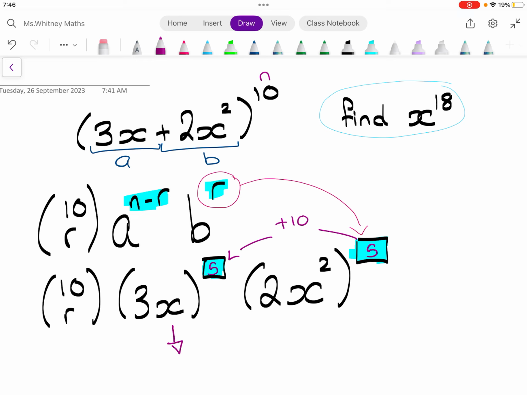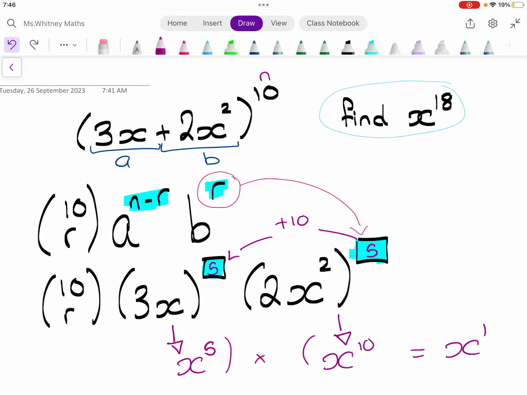This x would become x to the 5. This x would become x to the 10 because it's 2 times 5. And when I multiply them together, I'm only going to get x to the 15. So that tells me this one needs to be a bit bigger, and the only way I can make it larger is because I'm multiplying by 2.